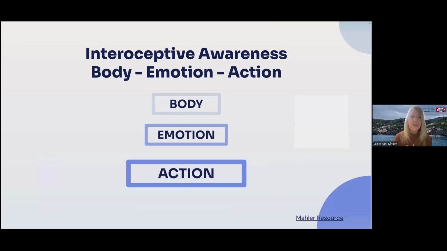And finally, the third step is action, regulating that body signal with an action. You have to be able to know how you feel in order to choose a coping strategy that's helpful. And the first step is noticing. So we're going to, with the rest of our time, start our own mindful interoceptive journey.